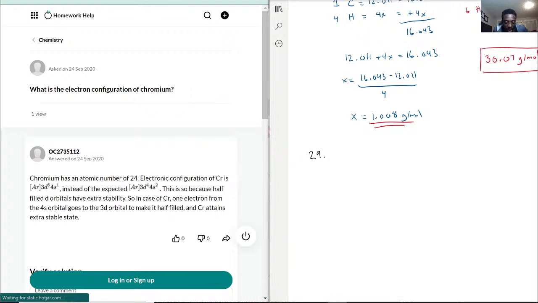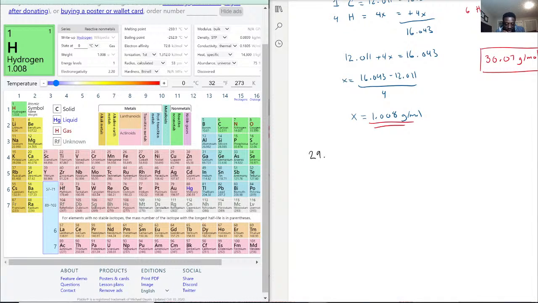Oh, perfect actually. Okay, so what is the electron configuration of chromium? This is amazing, because we've actually done this. I knew it looked familiar. So, chromium, right?